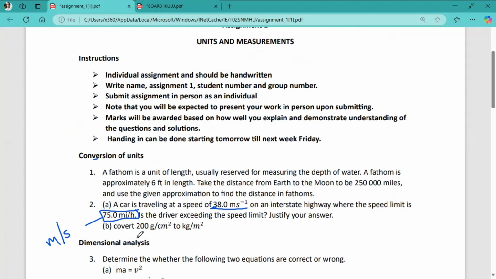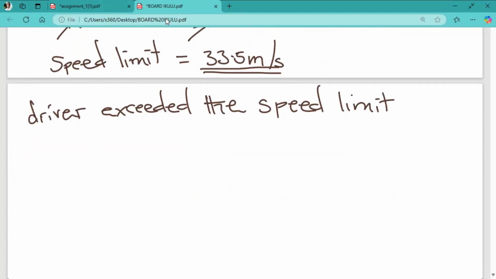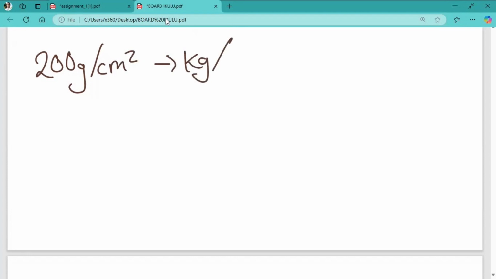Okay, convert 200 grams per square centimeter to kg per square meter. So we have 200 grams per square centimeter to kg per square meter.